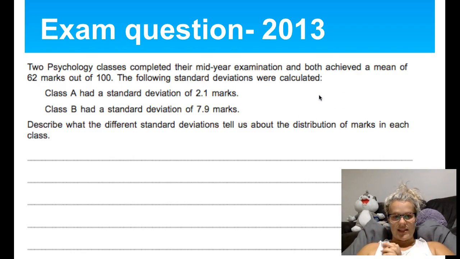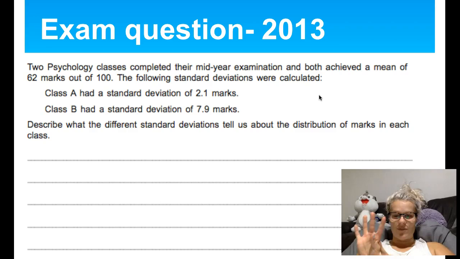Two psychology classes completed their mid-year examination and both achieved a mean of 62 marks out of 100. The following standard deviations were calculated. Class A had a standard deviation of 2.1 and Class B had a standard deviation of 7.9. Describe what the different standard deviations tell us about the distribution of marks in each class.